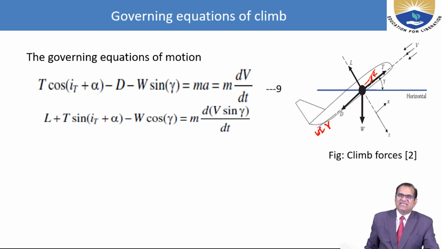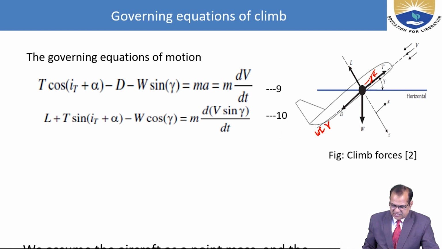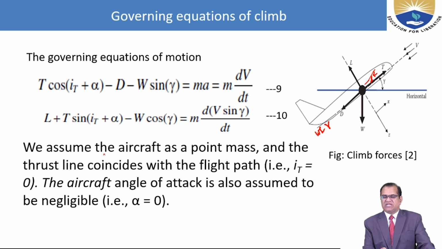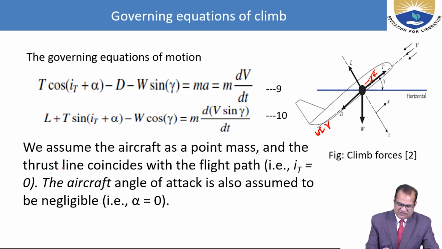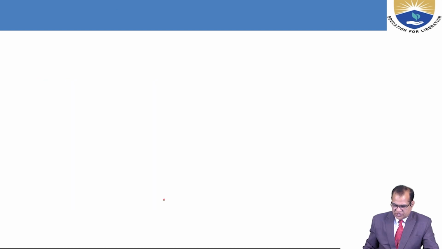So L plus T sin(iT plus alpha) minus W cos gamma is equal to m d(V sin gamma) by dt. And we can see here, we assume that the aircraft is a point mass and the thrust line coincides with the flight path, that is iT is equal to 0. The aircraft angle of attack is also assumed to be negligible, that is alpha is equal to 0.